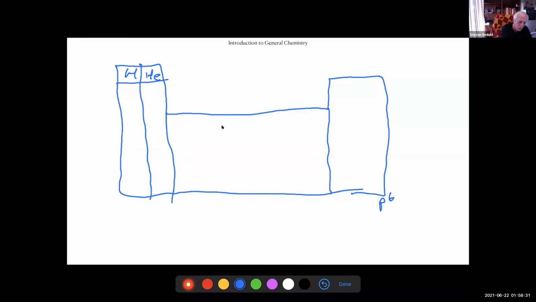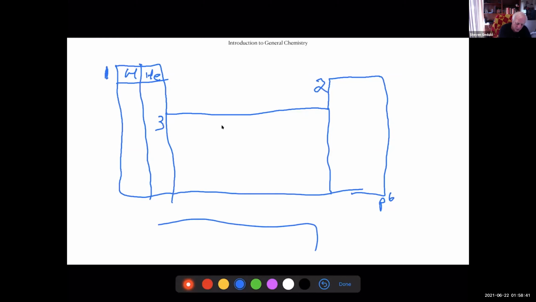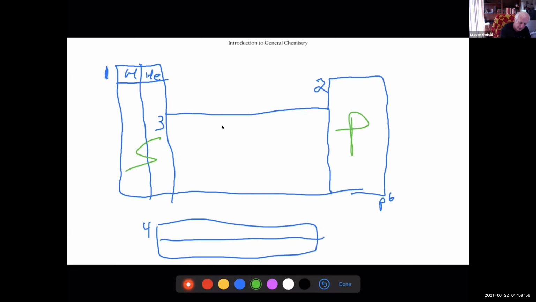These always start with 1, which gives you 1s1, 1s2. These always start with 2, these always start with 3, and down here you've got your actinide and lanthanide series. These always start with 4. So that's how you do it. These are your s's, these are your p's, these are your d's, these are your f's. It always goes in that order. Whenever you count at those levels, that's what you start with.